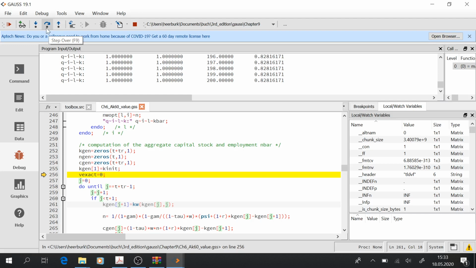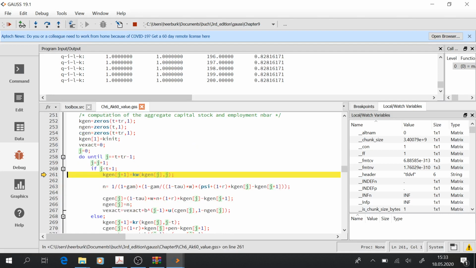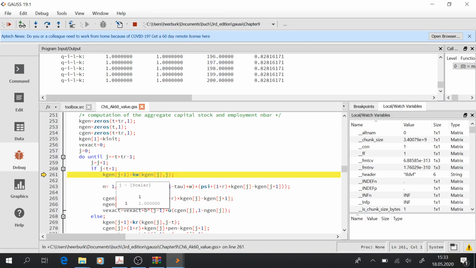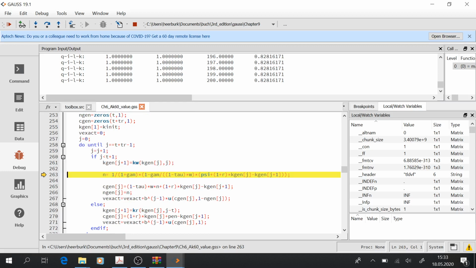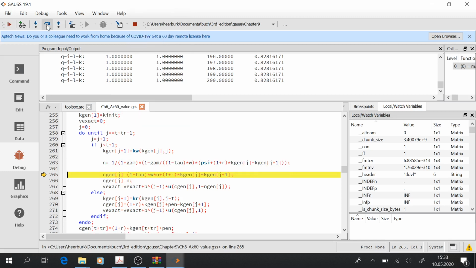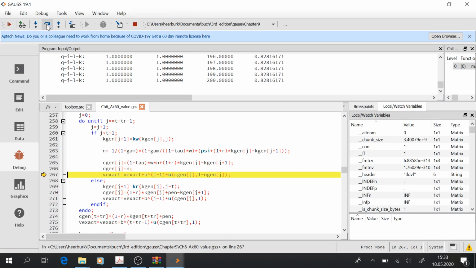We know we have wealth 0, and now we compute in line 261 the optimal savings that is associated with a wealth level of 0 at age 1 and allocate it to the wealth level at age 2, which is equal to 0.02561. We store this, we compute the labor supply here, we compute consumption and store all these values.